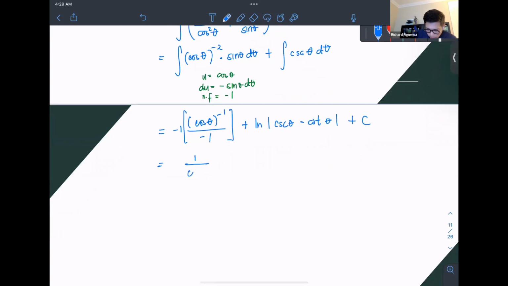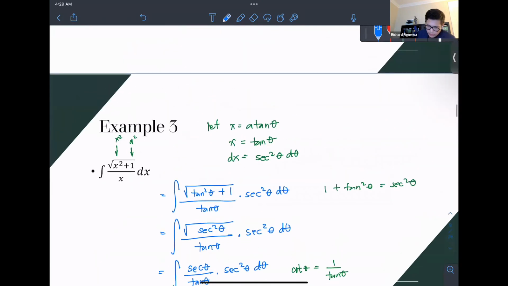And then 1 over cosine theta, then plus ln of cosecant theta minus cotangent theta plus C. But then 1 over cosine theta is secant theta. So the answer would be secant theta plus ln of cosecant theta minus cotangent theta plus C.